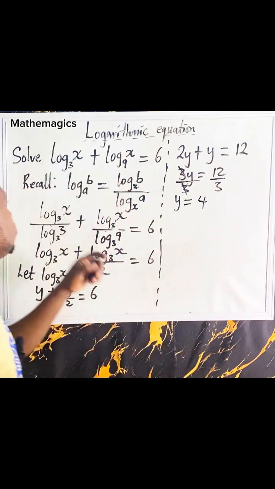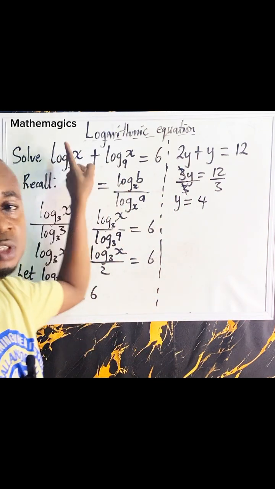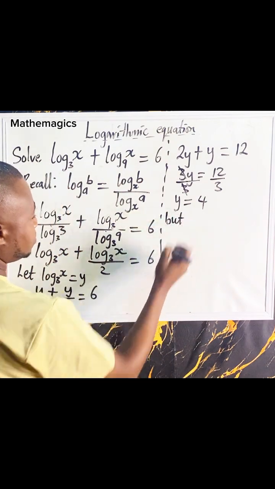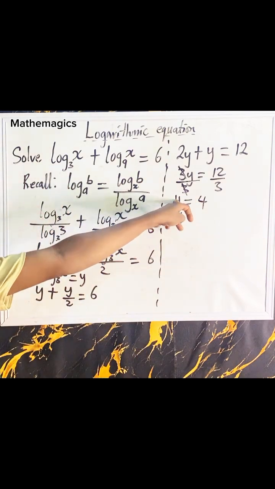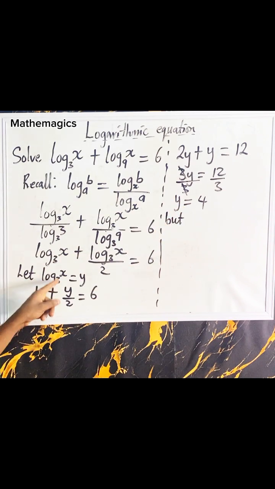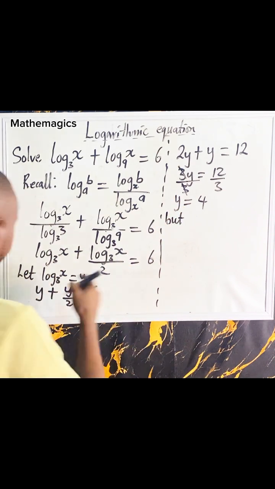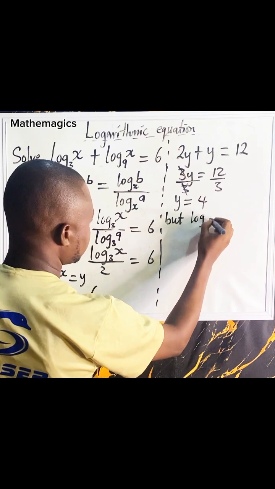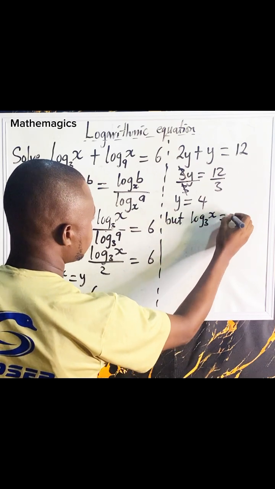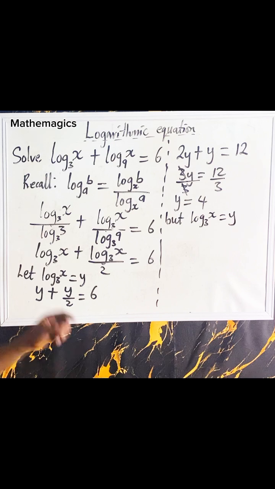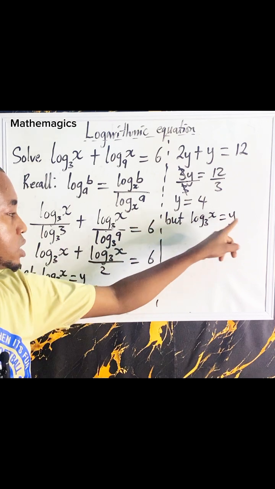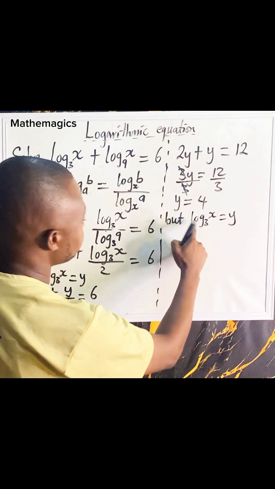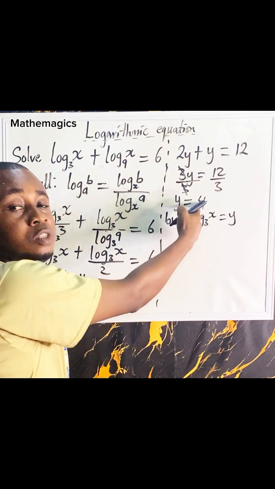Of course, we have to find the value of x, not y. So we can now say, this same y is log to base 3 of x, right? So log to base 3 of x is equal to y. So if log to base 3 of x is y and y is 4, we can say that log to base 3 of x is also 4.